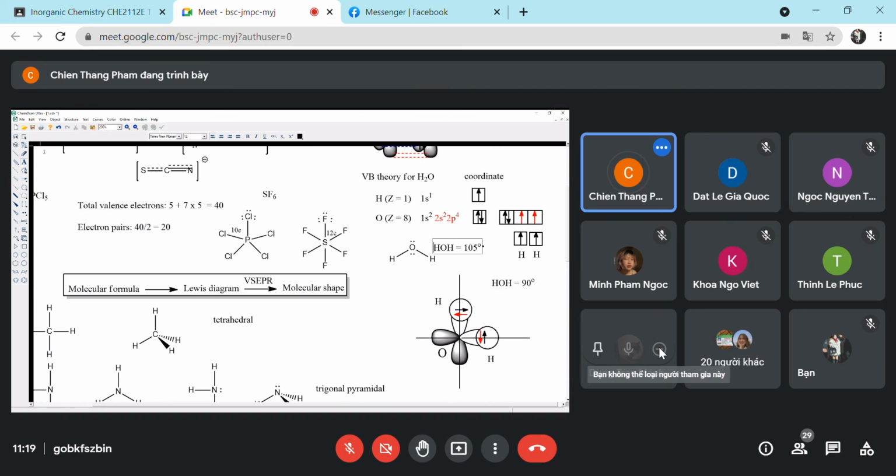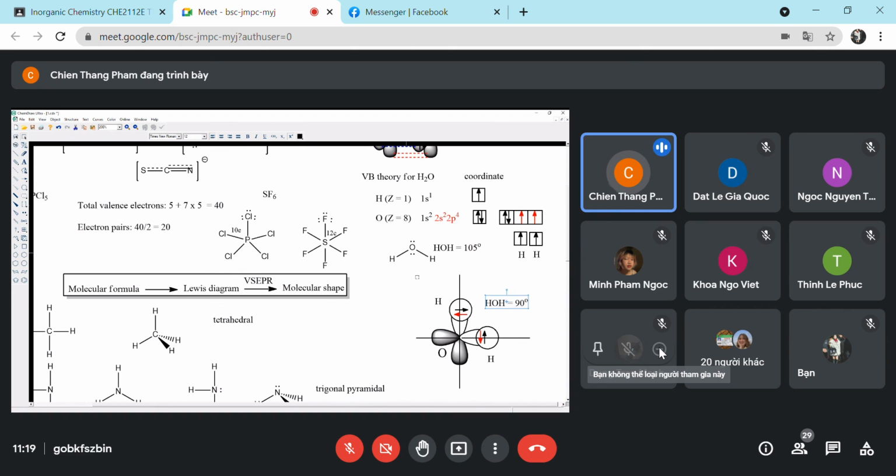So the problem here is the VB theory cannot understand why this one is 105 degrees, because according to the VB theory, the angle here is 90 degrees. Because of the difference between the real values and the expected values, we cannot use the VB theory to describe molecules with more than 3 atoms.